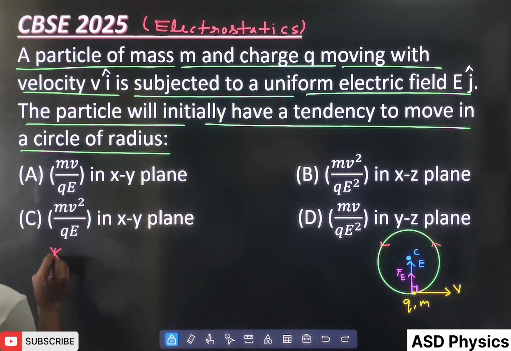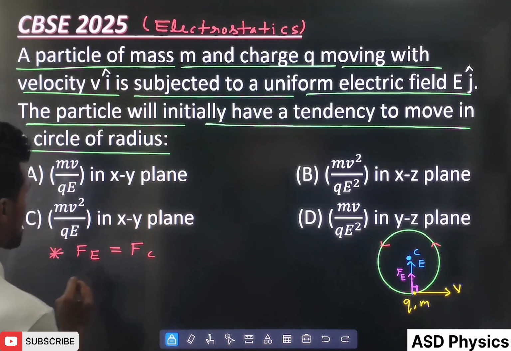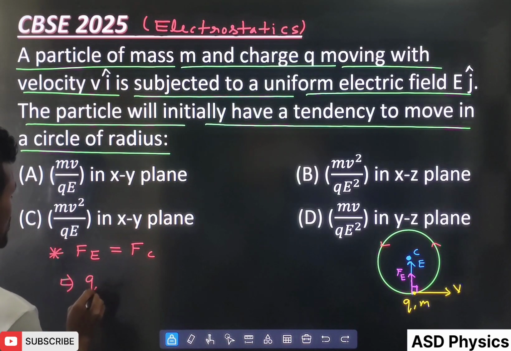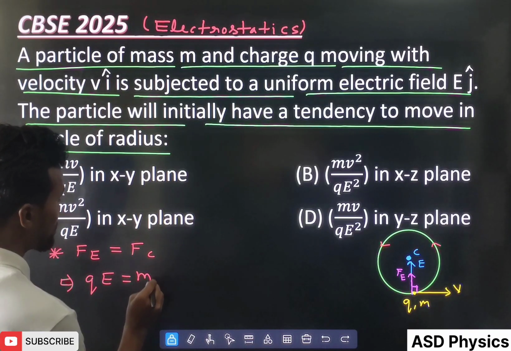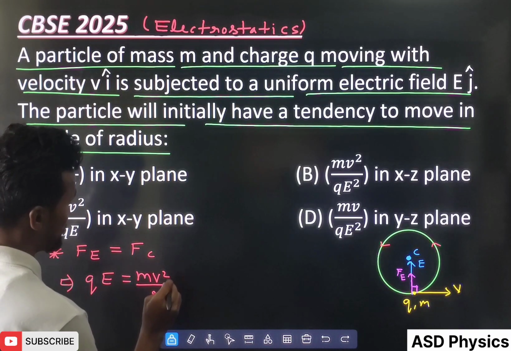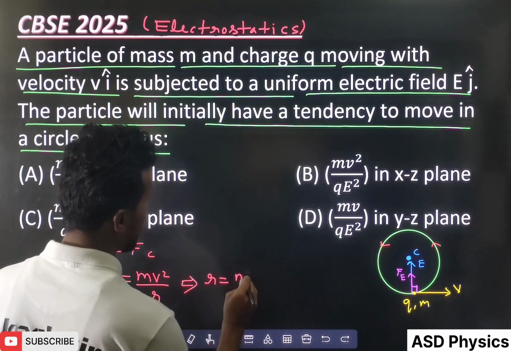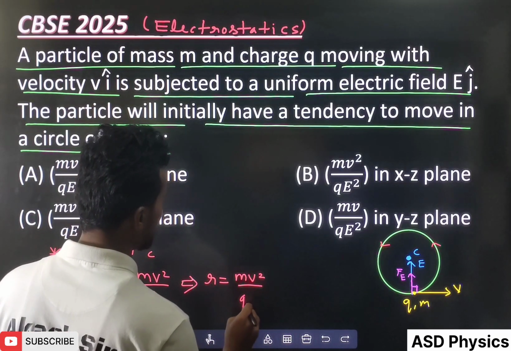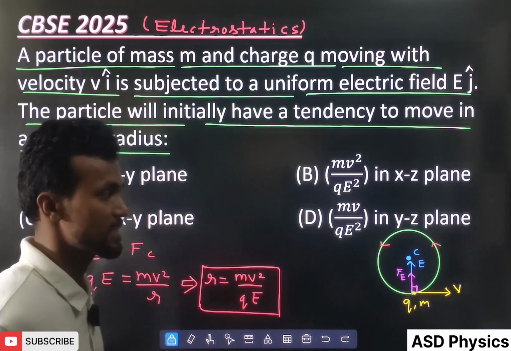So what we can write here students? The electrostatic force formula is qE, the centripetal force formula is mv square by r. When you simplify this, what is coming? It is coming r equal to mv square by qE. This is the radius of the circle.